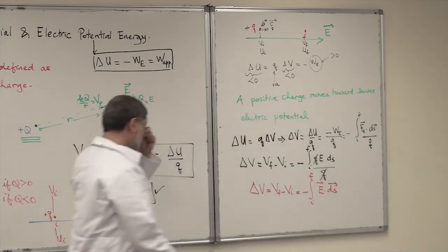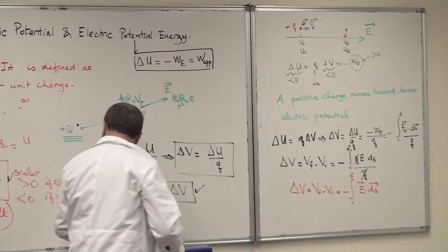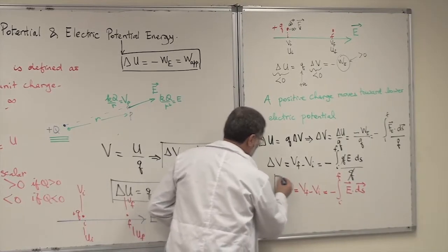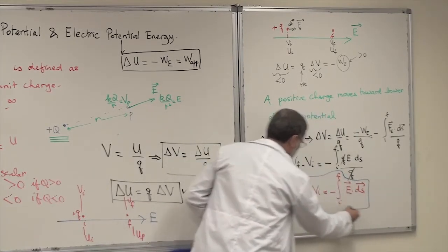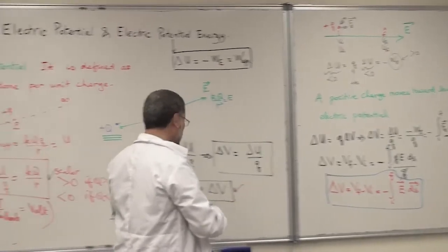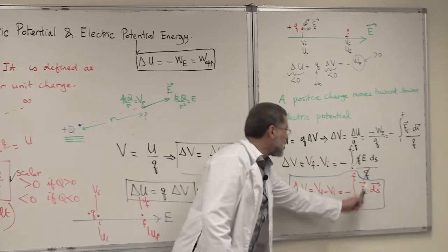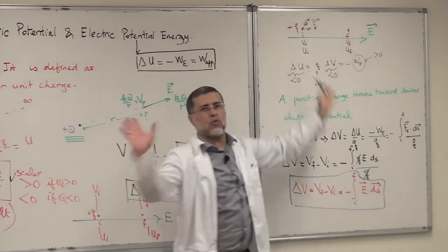That's the change in potential. Very important equation. The change in potential can be given by this equation here. You notice that it depends only on the electric field and your displacement. It doesn't depend on the charge. The charge has nothing to do with it.